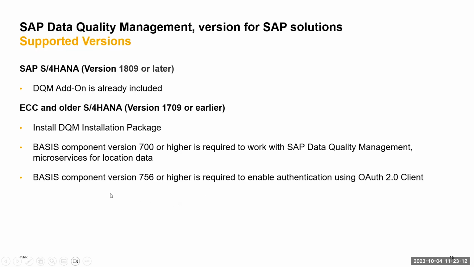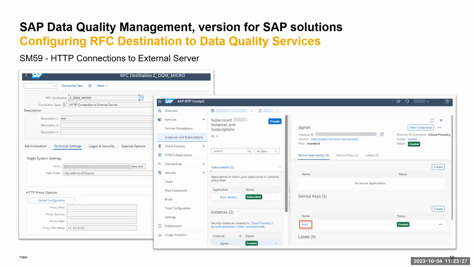And we recommend to use the basis component version 756 or higher to use the OAuth 2.0 client for authentication of this service. And I'll be showing this in a demo also.